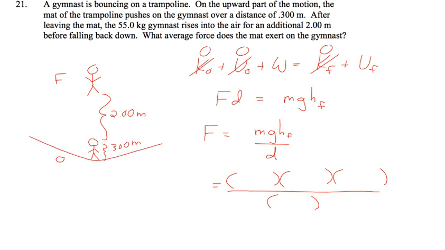They gave us the mass of the gymnast as 55 kilograms. G is 9.8 meters per second squared. Now the final height: what should I put for the final height in this problem? 2.3, because if that's my starting point, then I'm going to be 2.3 higher than where I started. You might say, should I really just start here because that's when they leave the mat?